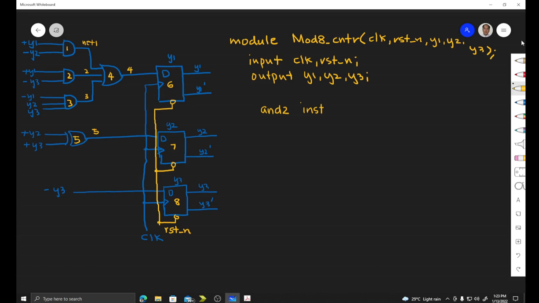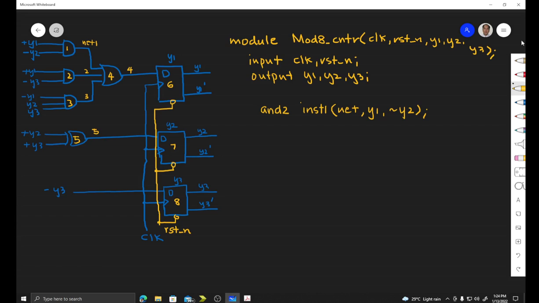So inst 1, for our AND gate the output is net 1. Its inputs are Y1 and not Y2, so we write here Y1, not Y2.